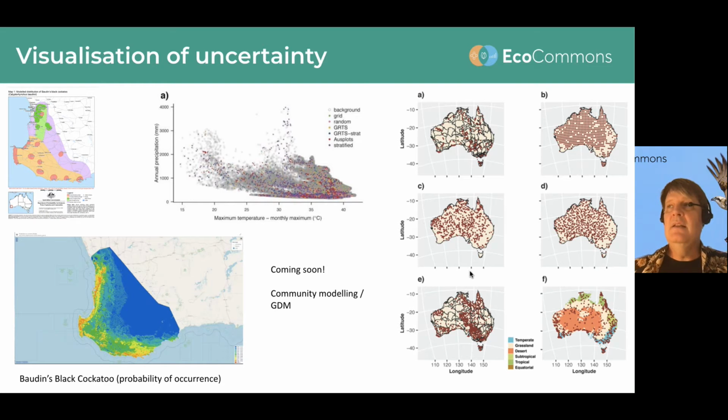And then you can highlight in the maps, so this is a map of the predicted distribution of a cockatoo, but you might want to shade this area because we didn't really have any sampling down this far in WA. So this area is just sort of a best guess.